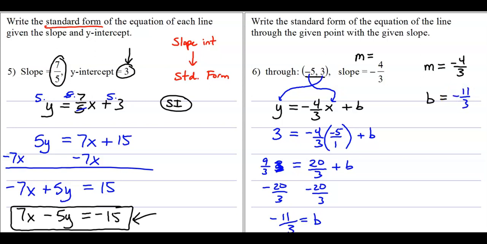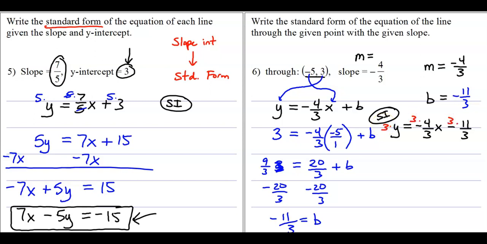-11/3. So I'm going to start working my way down now. I can have a slope-intercept equation: y equals -4/3 x minus 11/3. So this is slope-intercept, what we did the other day. Now the little tweak to get it into standard form is I'm going to have to clear out my fractions. So I need to multiply everybody by 3.